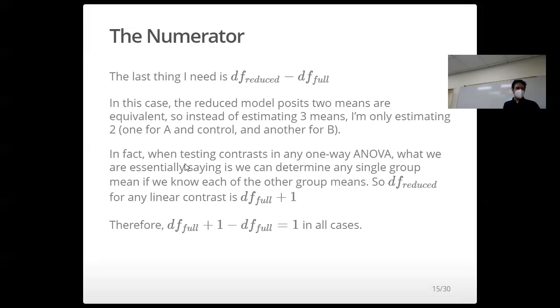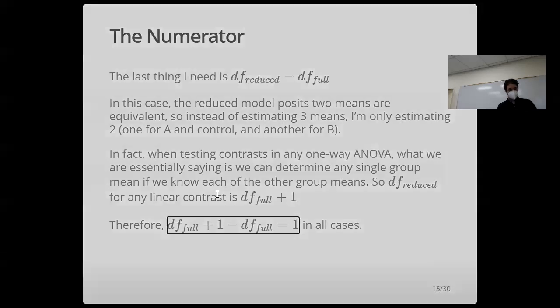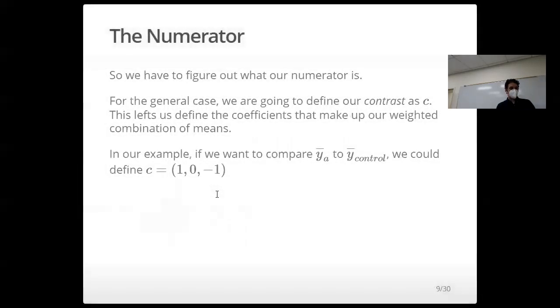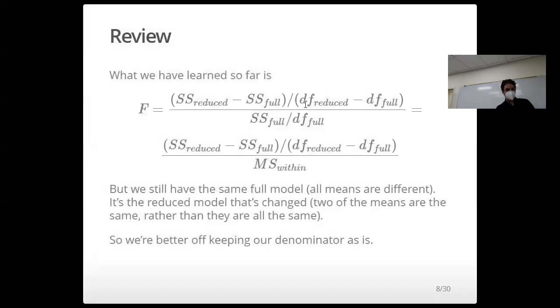So the degrees of freedom of the full model plus 1 is going to be equal to the degrees of freedom of the reduced model. So the reduced model is always going to have 1 degree of freedom more than the full model. And if we look back, what we need here is df reduced minus df full.